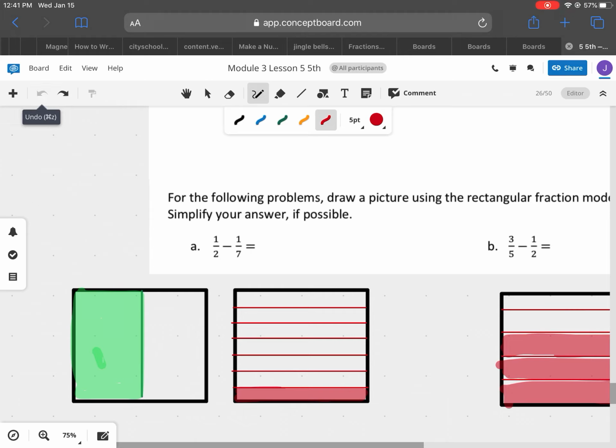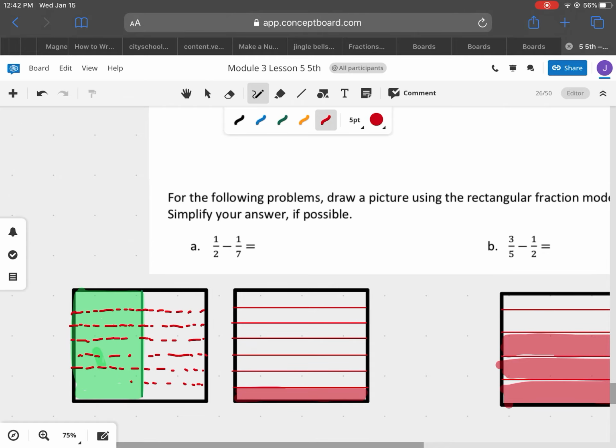Alright, so here we go. We have a 1/2 in the green. So we're going to transfer the reds, the second one, over, and we're going to create equivalent fractions of 1/2 using the 7ths that we're dividing it into. Now it's interesting that I say the word divide, because in actuality we are doing some kind of a multiplication. That's what fractions are.